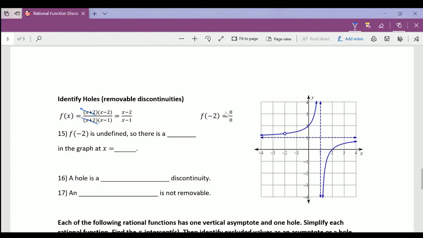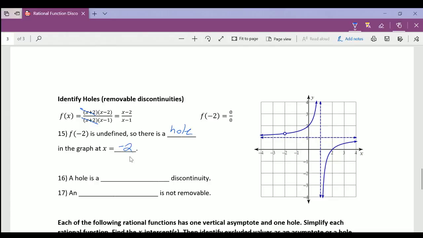You end up with 0 over 0, because it makes both the top and the bottom become 0 in the original. So f of negative 2 is undefined, so there is a hole in the graph at x equals negative 2.